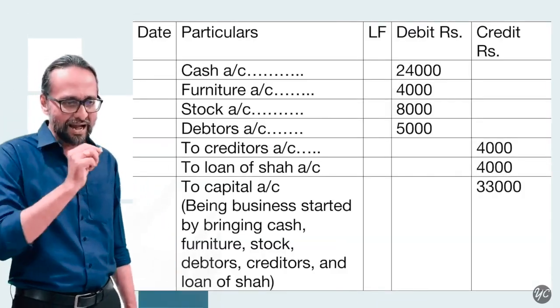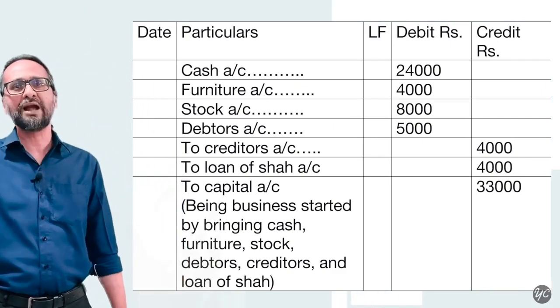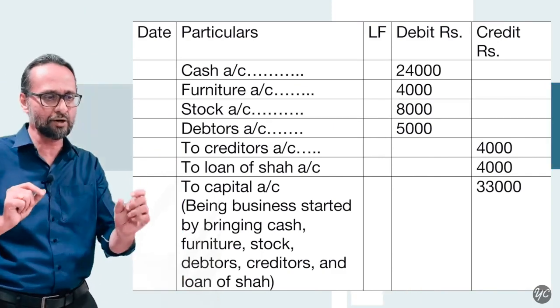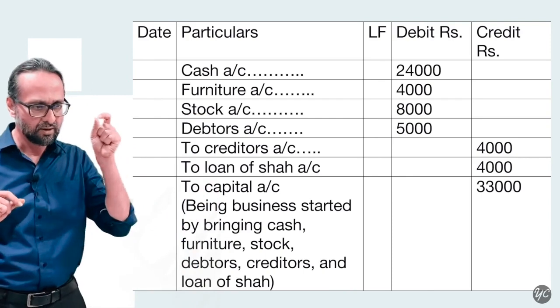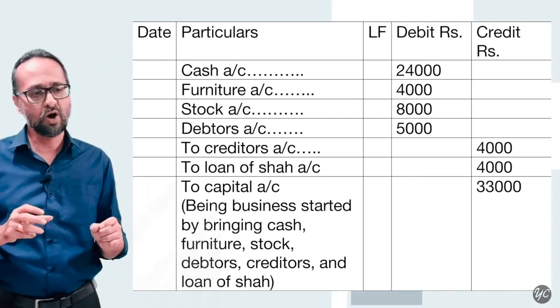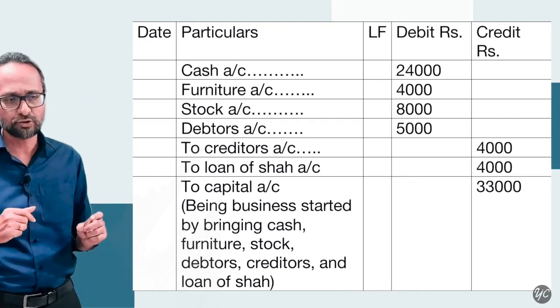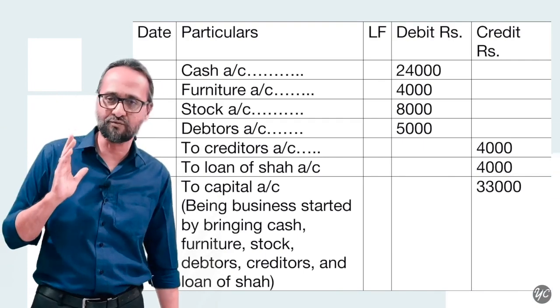So when we make the general entry, the cash account is debited with the amount of 24,000. Again I repeat, 20,000 cash is there because Parth brought cash of 20,000, and Mr. Shah's loan of 4,000 is also one kind of cash to the business.